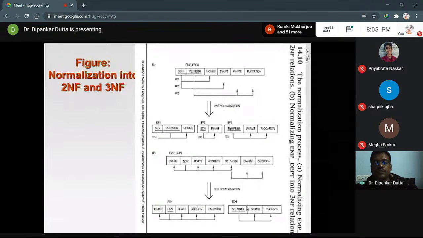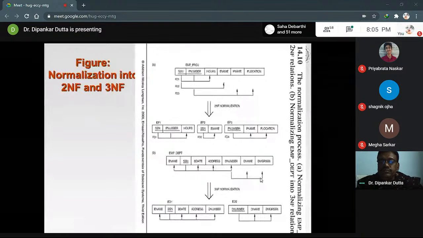In this table, all other non-prime attributes directly depend upon the primary key, and in this table also all other non-prime attributes directly depend upon the primary key. So this is a bad design. This is not in 3NF, and this design is in 3NF.